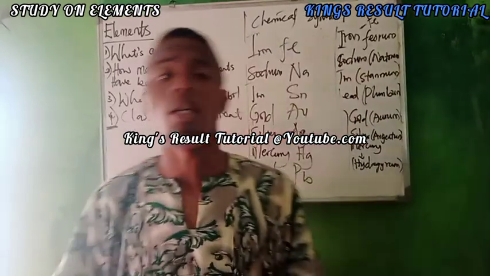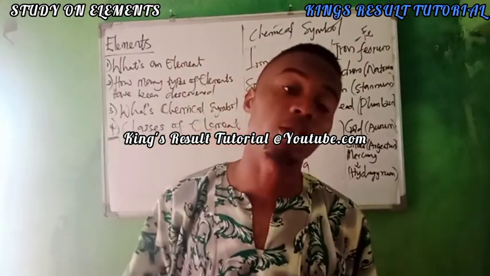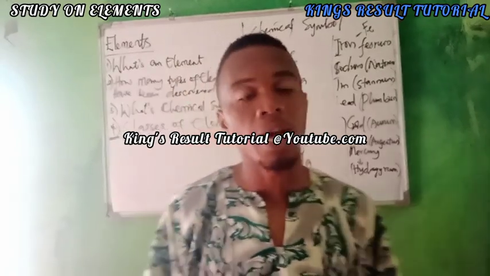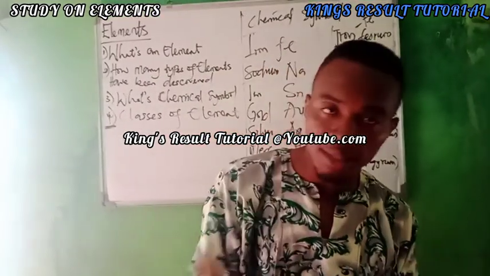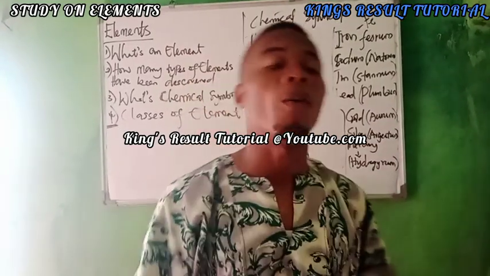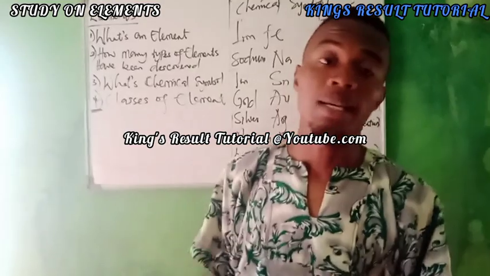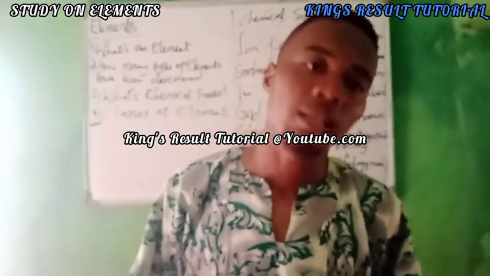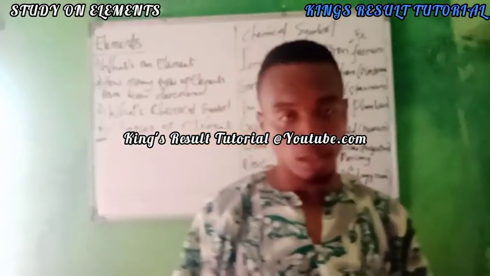So now, the metals are those that have good conductivity, high boiling and melting point, that have ductility and malleability, and can reflect light. Those are metals. While the non-metals are those that cannot reflect light, except for diamond, and are brittle, not ductile, not malleable, and are poor conductors of electricity.